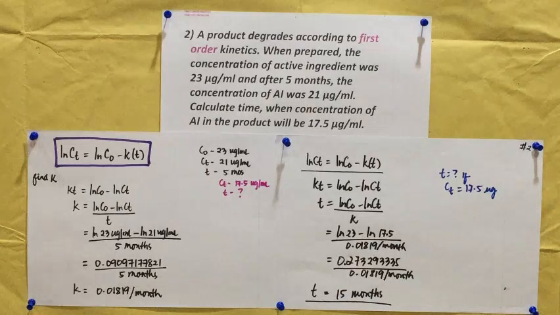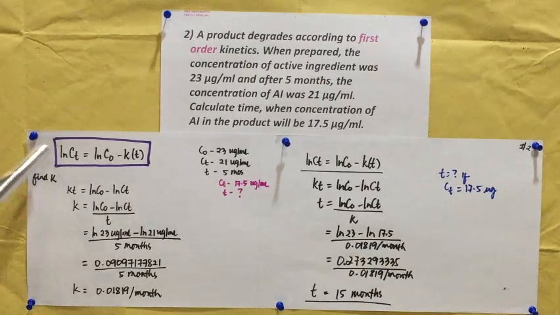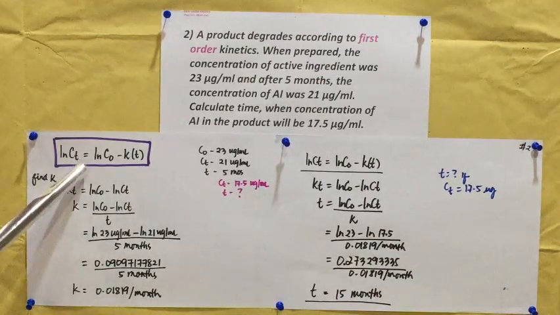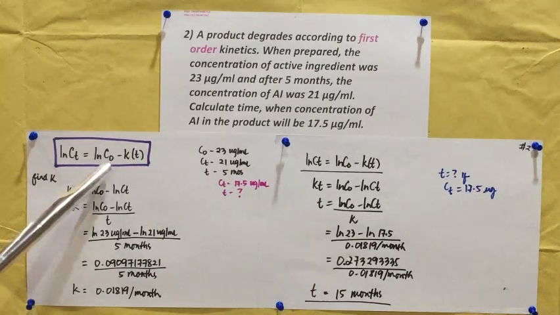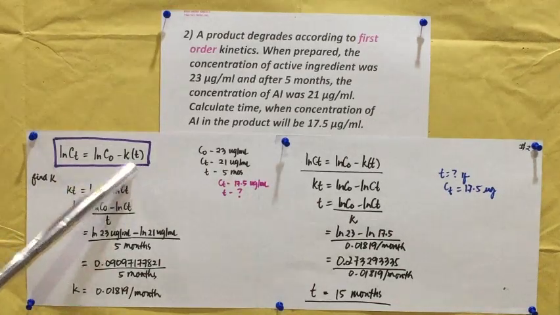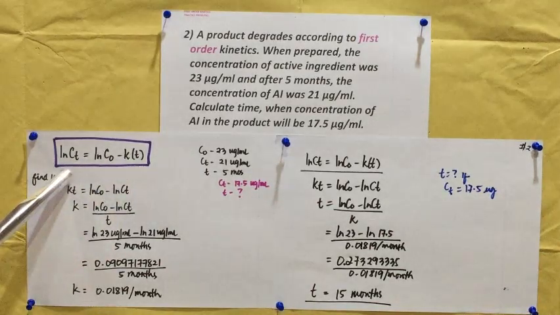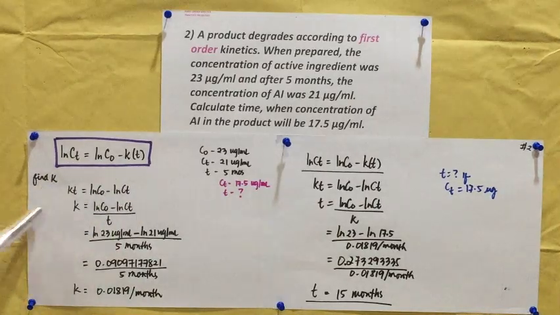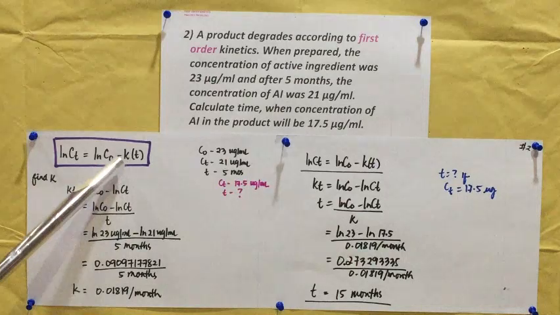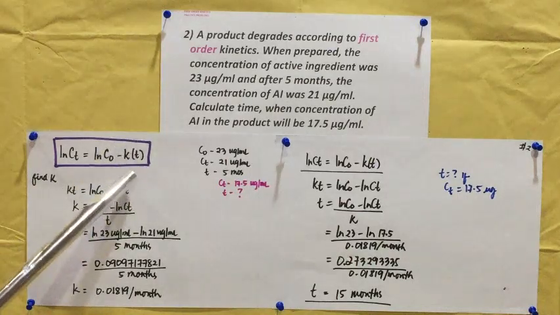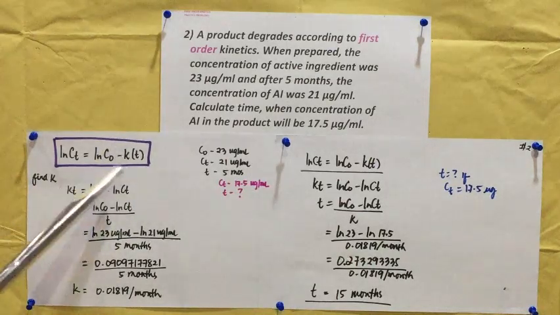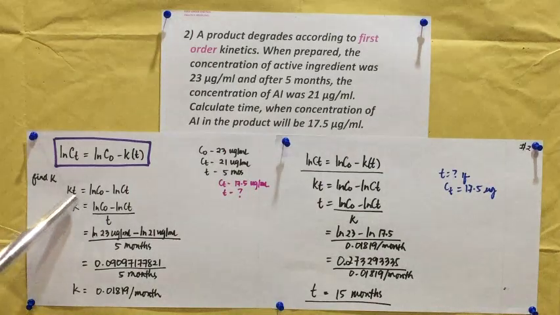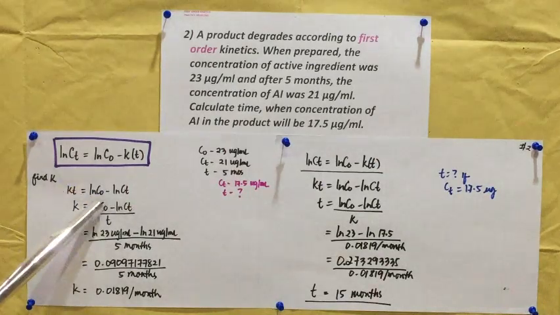The first is this formula. ln CT is equivalent to ln C0 minus KT. So, ln is the natural log. To find K from this formula, let us try to derive. So, negative KT transferred to the other side, this becomes positive, is equivalent to ln C0.